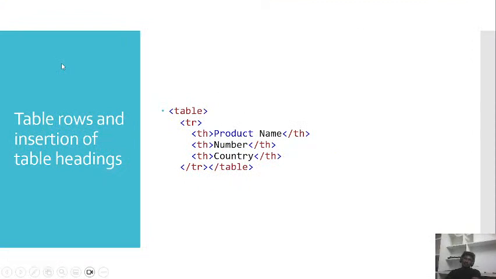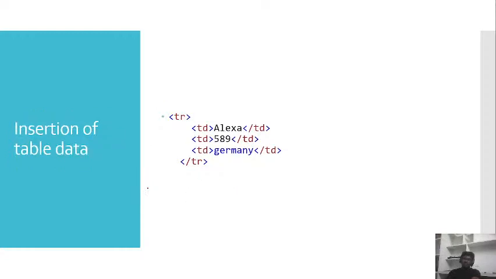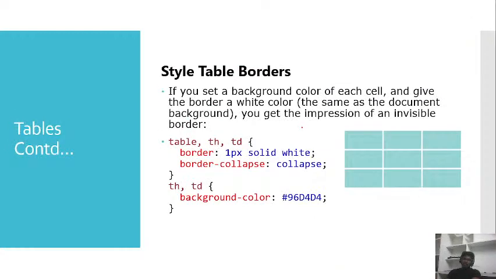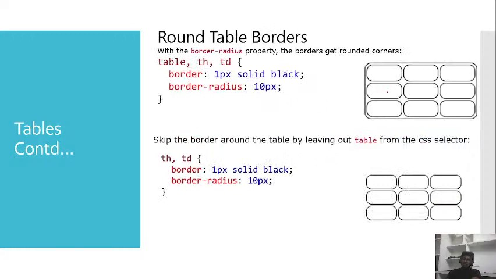So these are the things we discussed. Table rows and insertion of table headings, then insertion of data, then adding the borders, collapsed tables, adding background to the tables, and rounded tables, how you are going to view these rounded tables, and how to remove the external border.